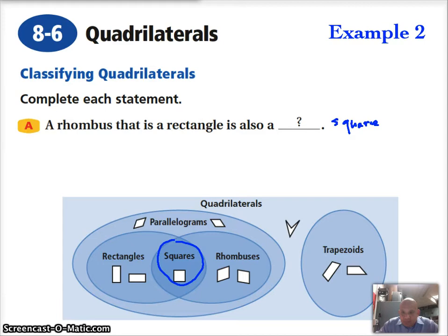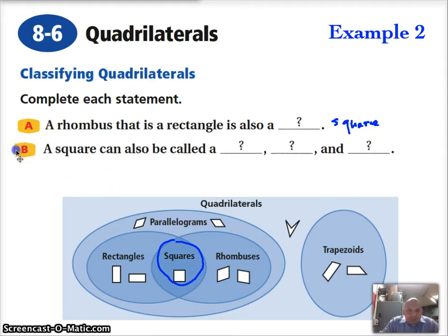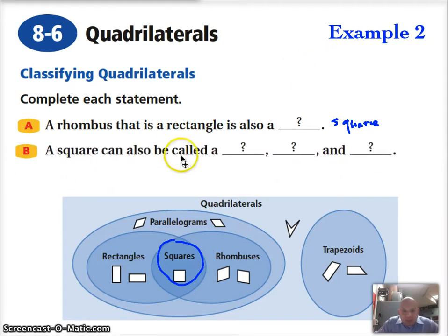Next. A square can also be called a blank, blank, and a blank. Now let's take a look at this. Here we have the square. It can be called a rhombus, meaning it has 4 congruent sides. It can be called a rectangle. Why?